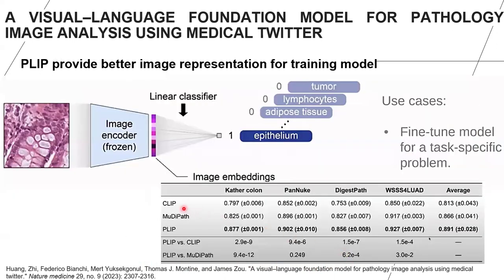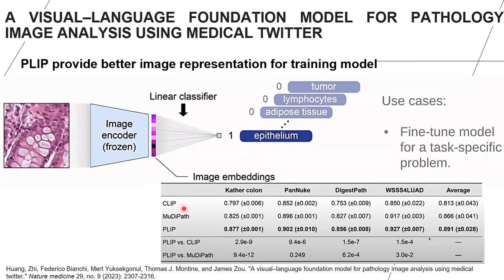So the previous task is about image recognition. Now, to further strengthen the model, we can also use it in a supervised fashion instead of using it for zero shot learning or contrastive learning.